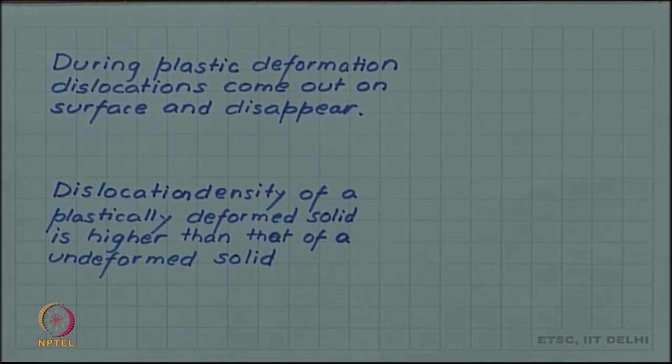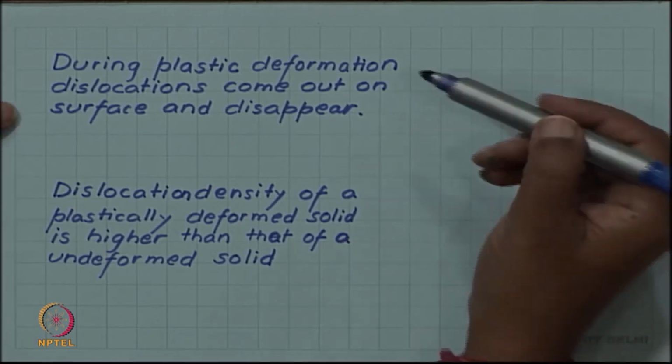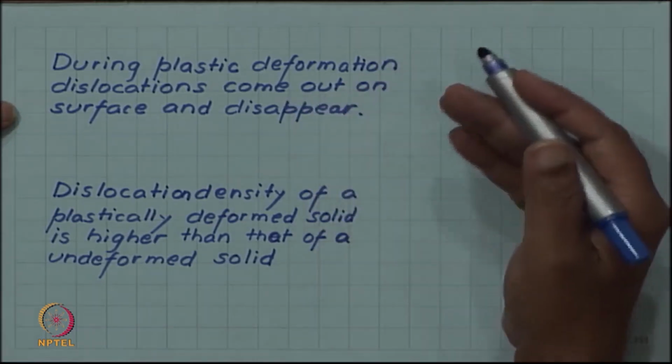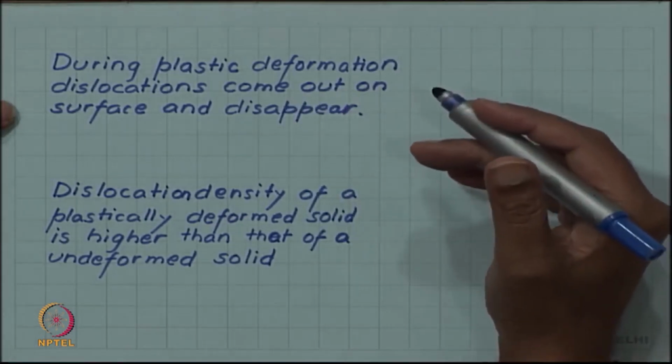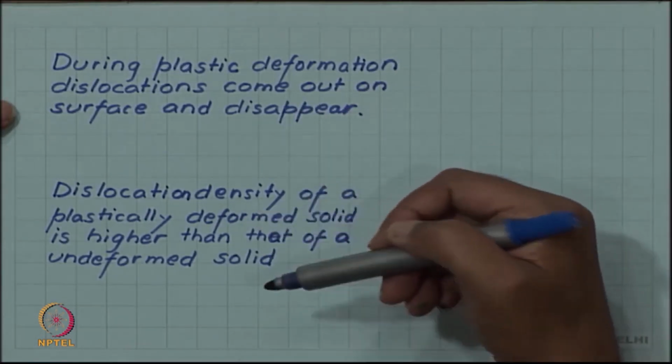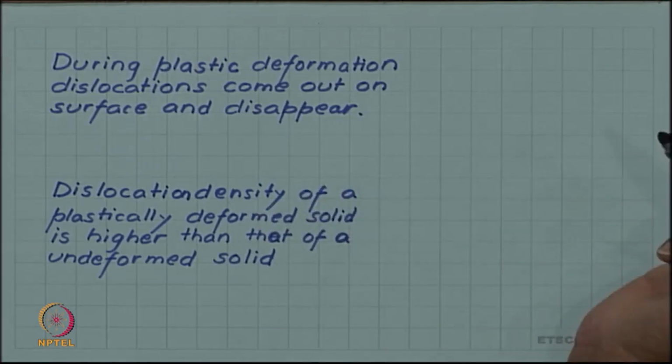So, on the face of it, these are two contradictory statements, because if the dislocations are coming out on the surface and disappearing, the dislocation density should come down. However, finally we are seeing that the dislocation density is increasing.